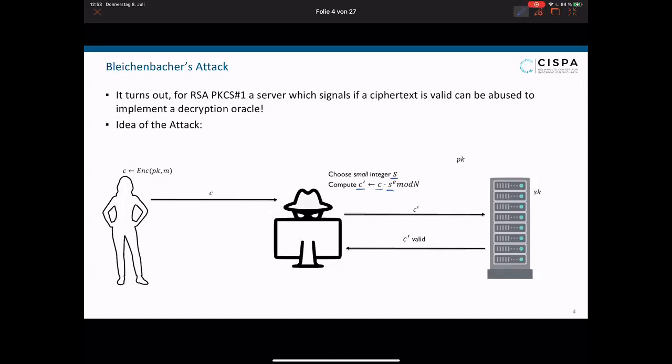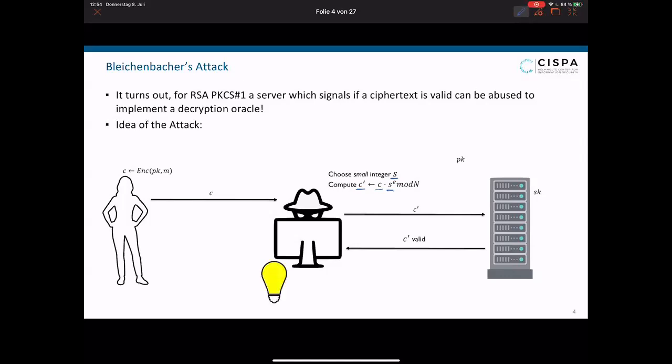Maybe the server will tell him that the ciphertext is valid. If so, he remembers this s and then is going to do something with it. If the ciphertext is invalid, he just throws s and C prime away and tries a different s. He does this until he gets a response from the server that C prime is valid.